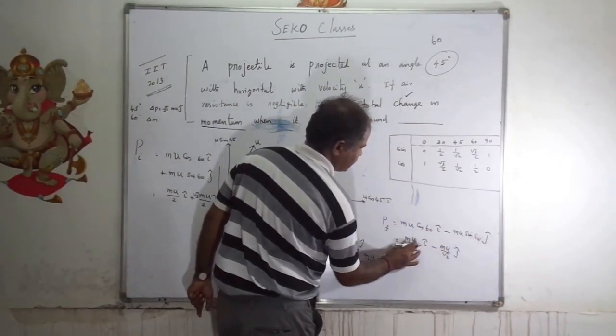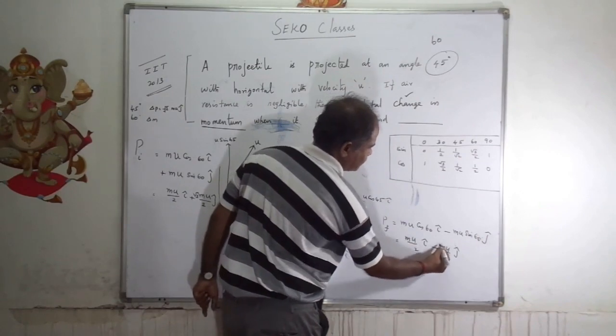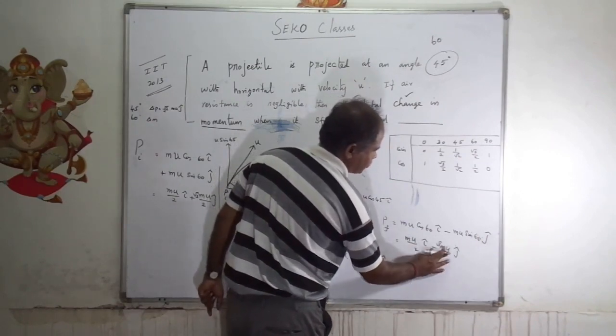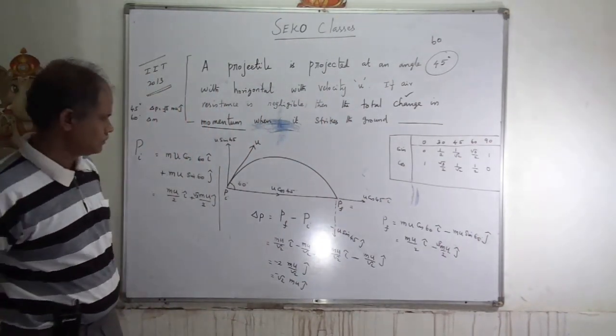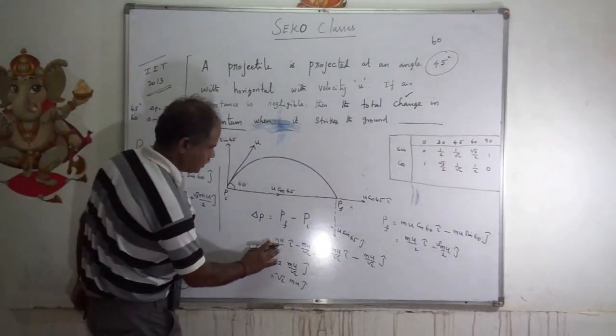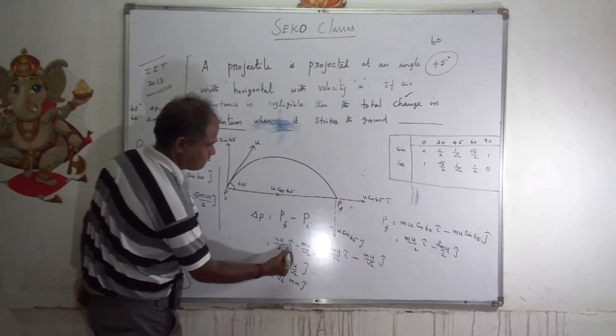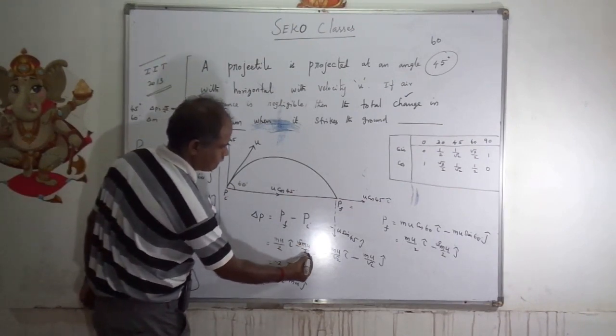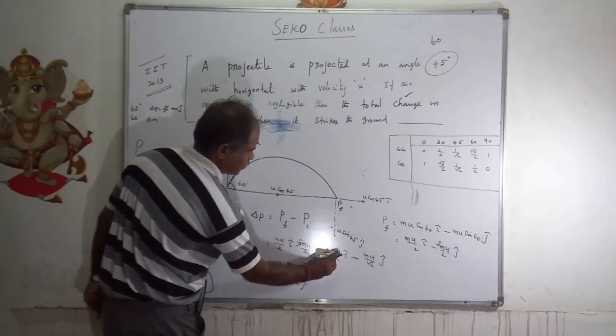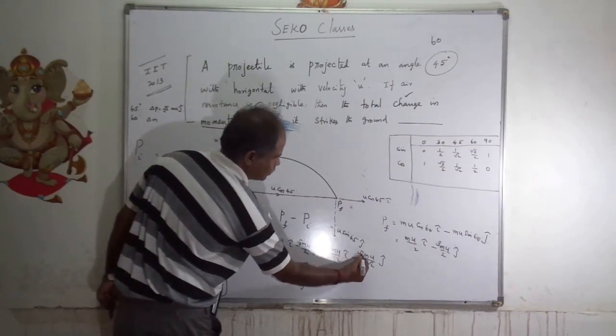Cos 60 is 1 by 2. This is root 3 by 2. The same process. Here what will happen? That is 1 by 2, that is root 3 by 2. Here 1 by 2, here root 3 by 2.